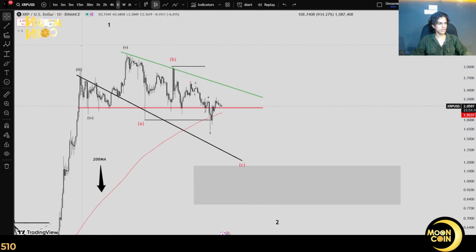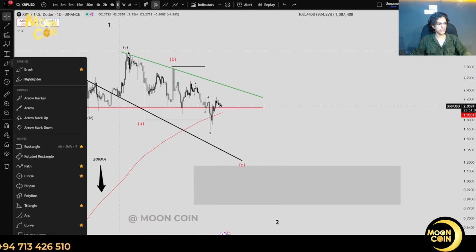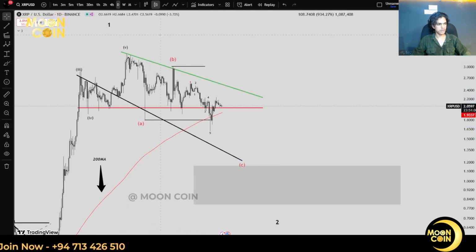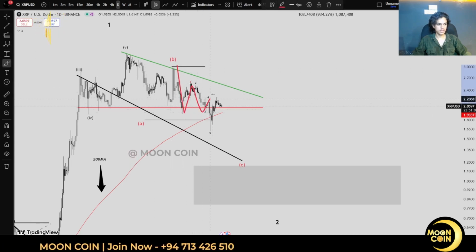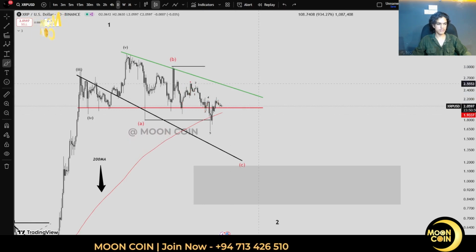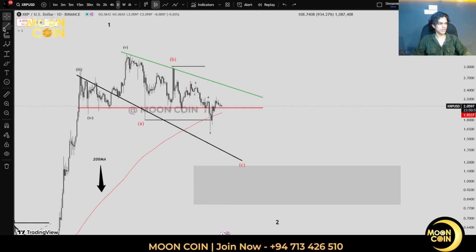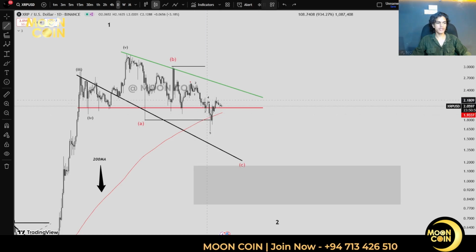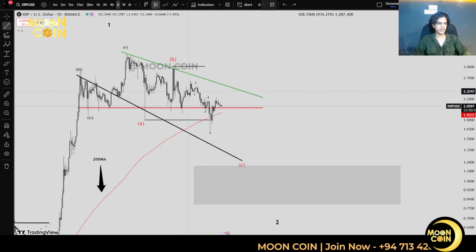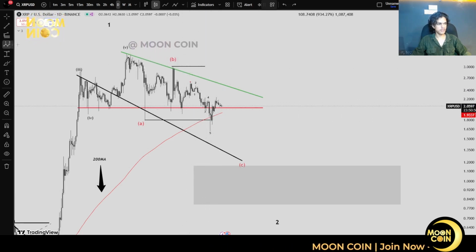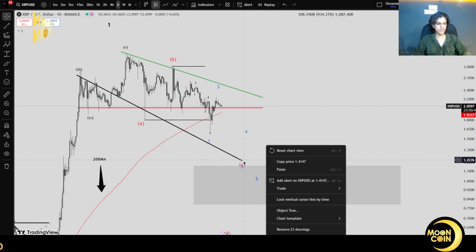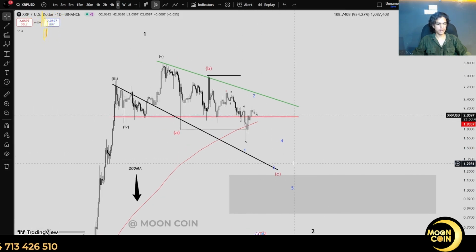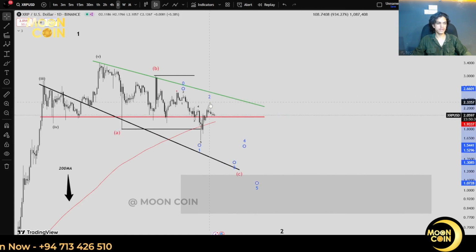In the C count, the A count was an impulse and quick, so the C count can be sideways and slow. That's common. What I mentioned earlier was that we have a leading diagonal here, which I considered as wave 1, 2, 3, 4, 5. This was my prediction last time.